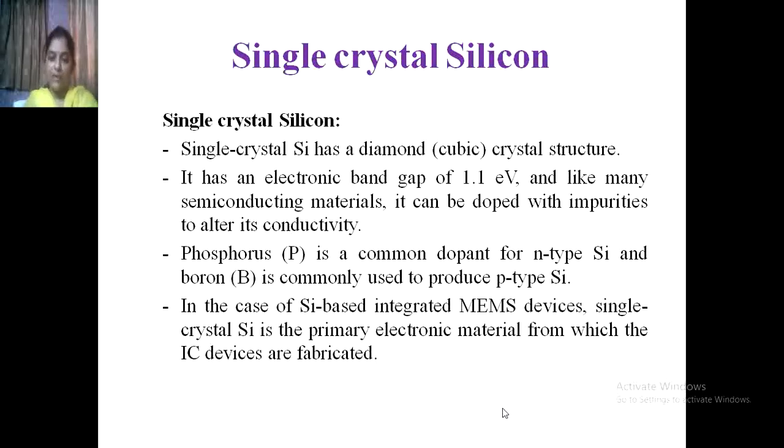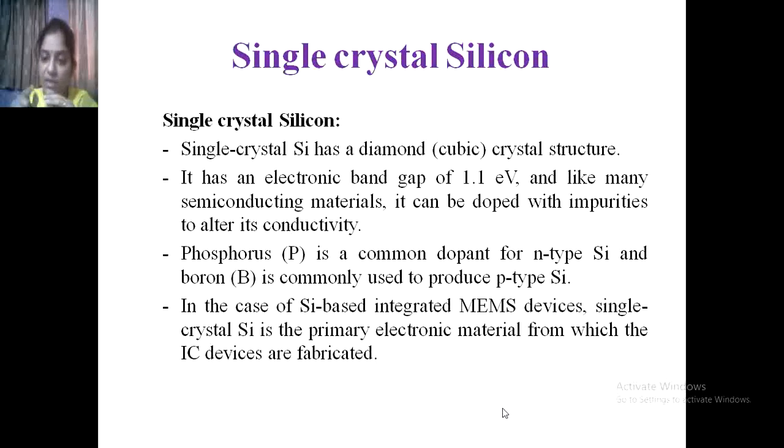N-type has more electrons compared to P-type, and P-type has more holes compared to N-type. Phosphorus has more than 4 electrons in its valence band, so after bonding with the silicon, it has free electrons which move in the crystal. That's why a large number of electrons are available in N-type silicon.